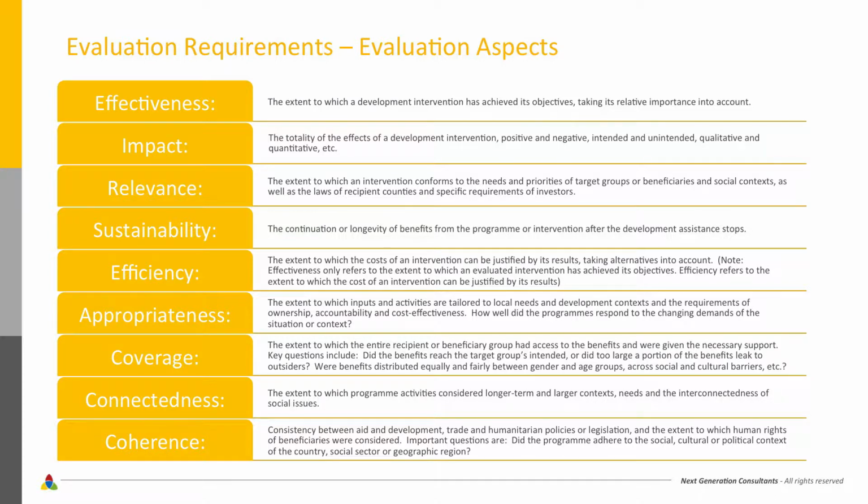So apart from effectiveness, I also, of course, look at impact, relevance, sustainability, efficiency. That is the DAC principles for evaluation. But I also look at the appropriateness, the coverage, the connectedness, and the coherence.